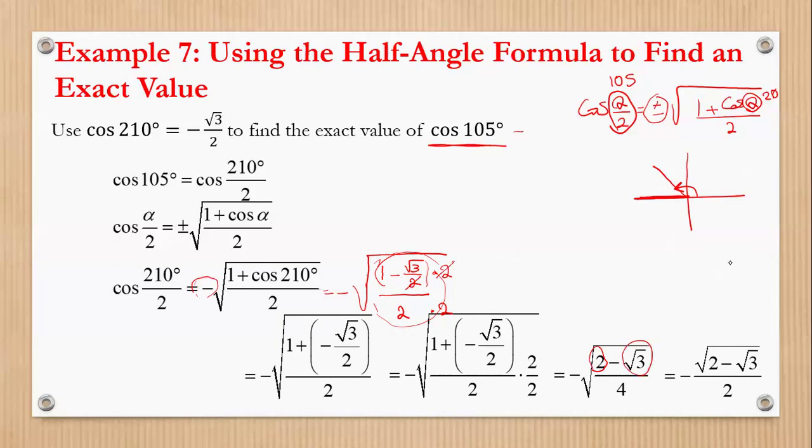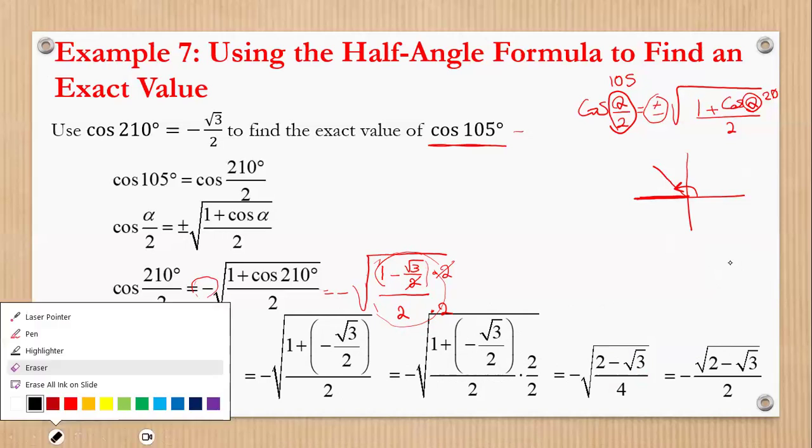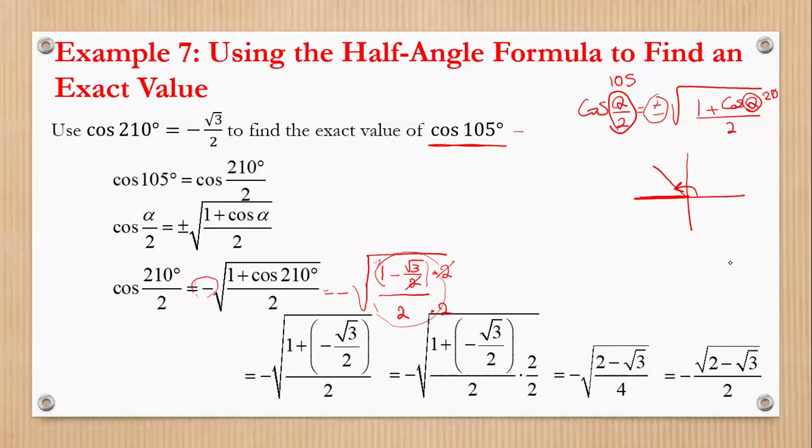And for the denominator, 2 times 2 is 4. But this whole thing is under a big radical. The numerator cannot be simplified anymore because one of them has a radical and one of them doesn't, so they are not like terms. You cannot add or subtract them, so you just keep it the same under the radical. But the denominator is 4, which you can bring out as a 2. And that's your final answer.